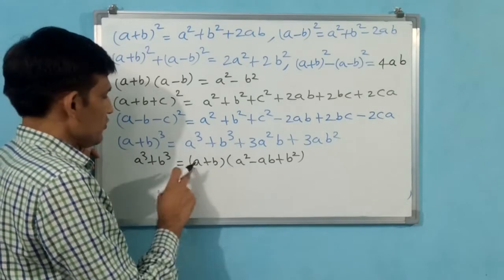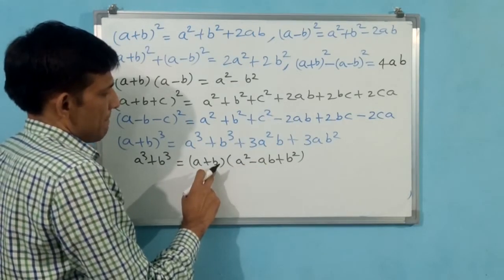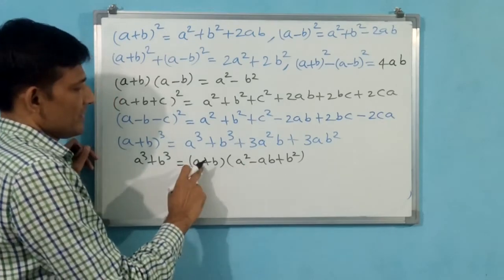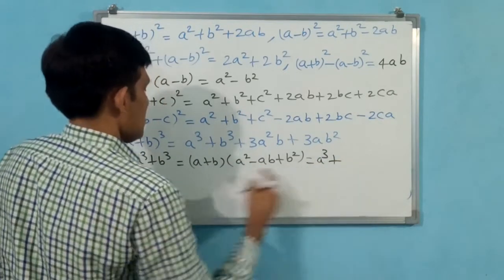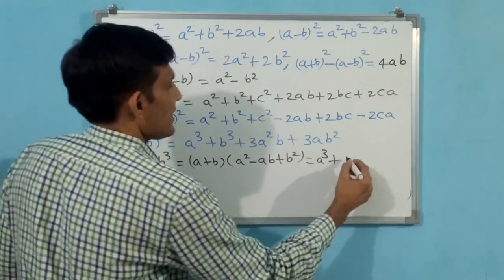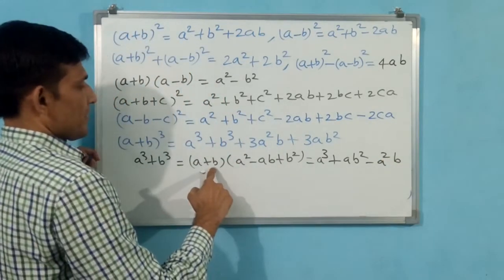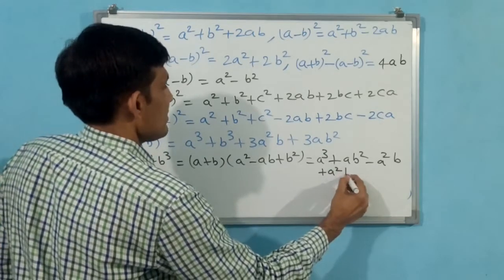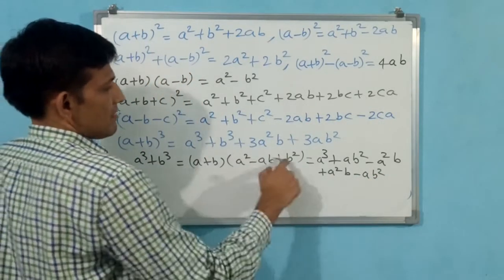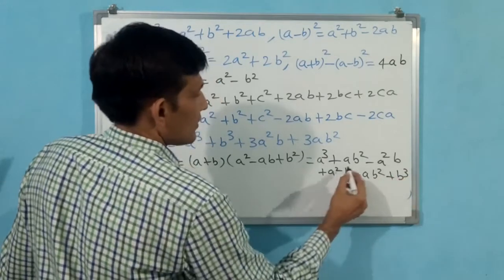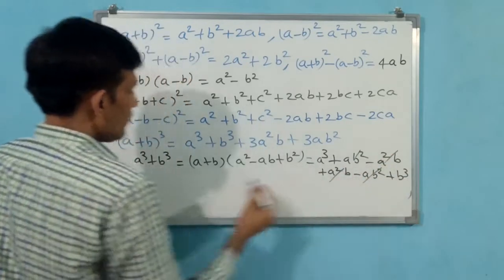If you do this calculation, automatically a cube plus b cube will come. A into a square is a cube, b into b square is b cube, both are positive. Minus a square b plus ab square, minus a square b plus a square b, minus ab square plus b cube. The ab square terms and the a square b terms cancel, and a cube plus b cube will be there.